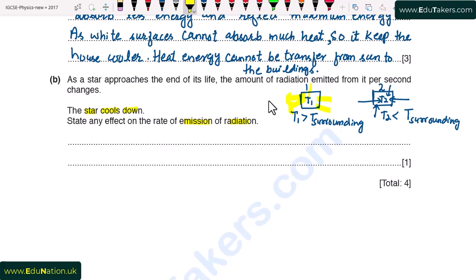So what will happen to the rate of emission of radiation? It will decrease. So I write here: the rate of emission of radiation from star decreases.